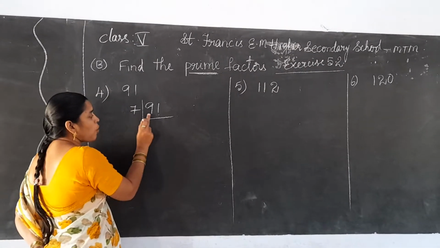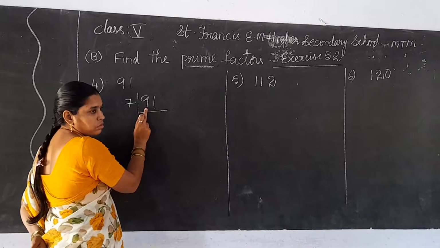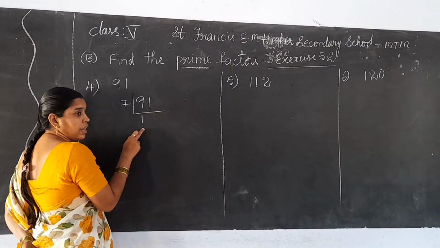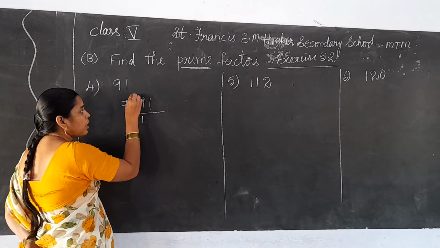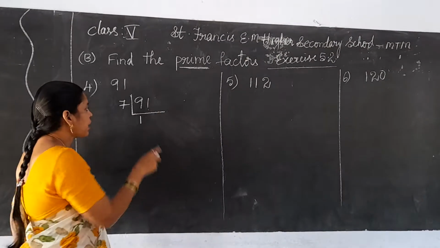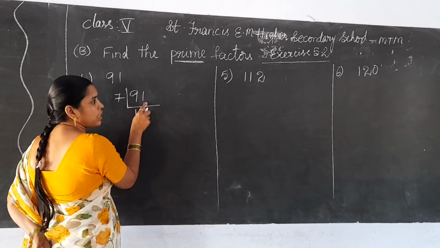See, 7 how many times will go in 9? 1 time. That one you should write here. The quotient you should write down here, and the remainder you keep in mind. 9 minus 7, how much? 2. Bring down the 1, 21.